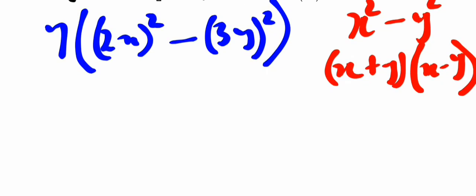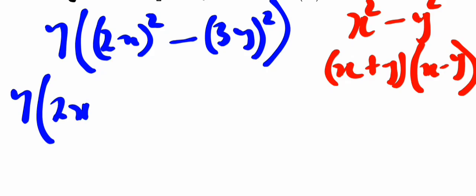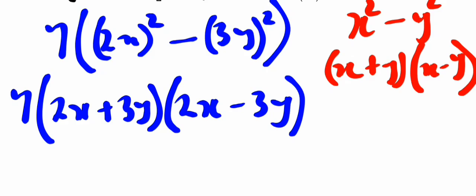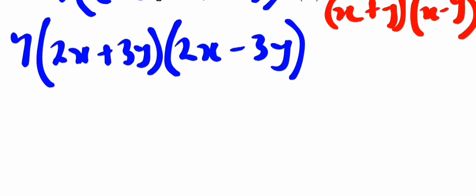So when we treat that, we now have 7 multiplied by 2x plus 3y, then times 2x minus 3y. So that is the final answer for number 2a.